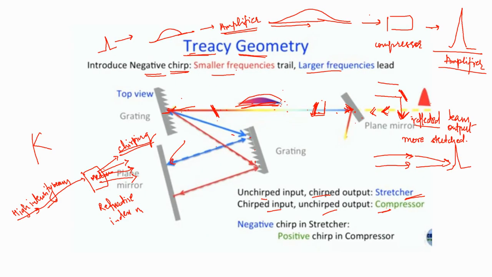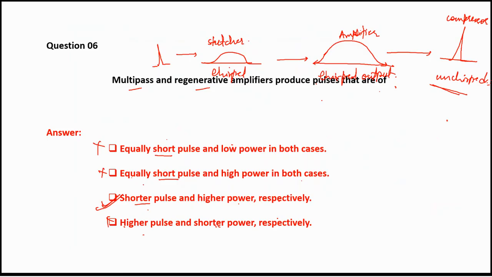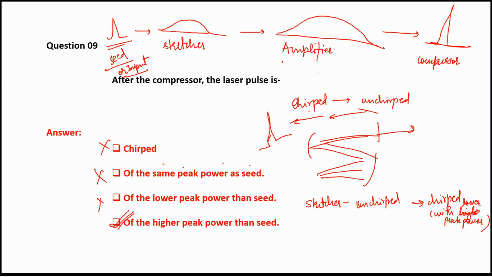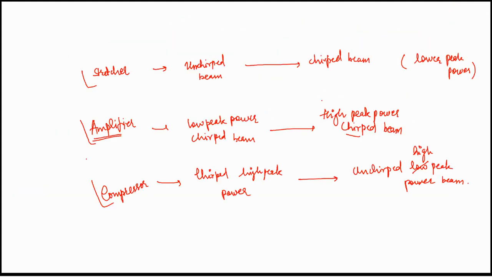These are the amplifier systems. So far, we have discussed that the Treacy geometry and the Martinez geometry are certain arrangements for a stretcher. Then what happens to the pulsed laser when it passes through a stretcher, a compressor, and an amplifier? That also we had discussed. I'll give a time of 2 minutes. If you have any doubt, you can ask.